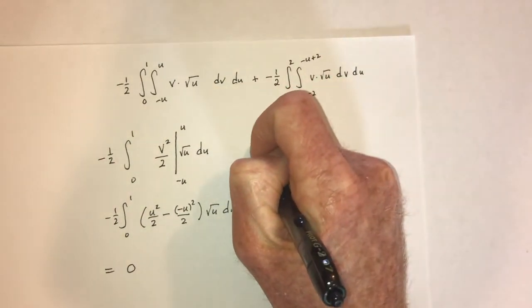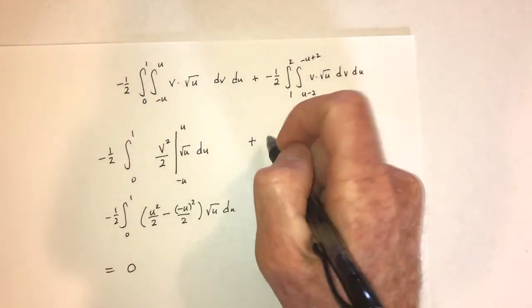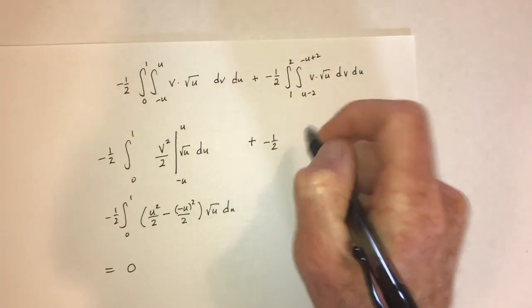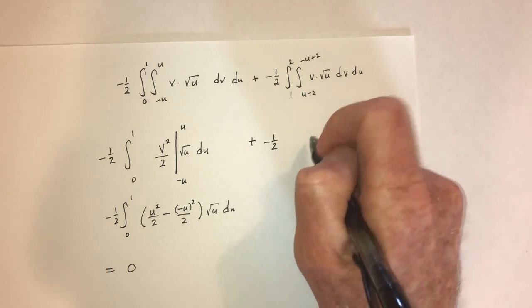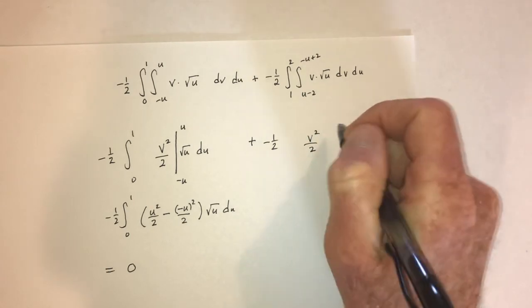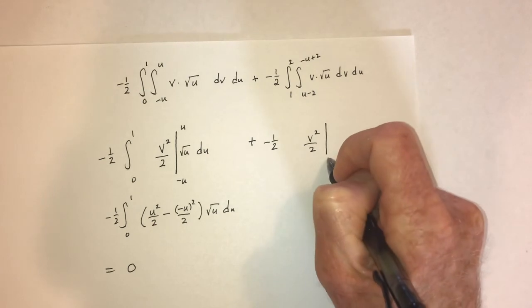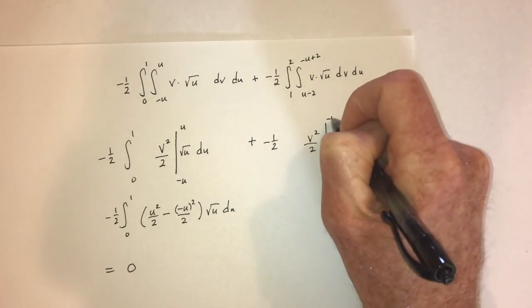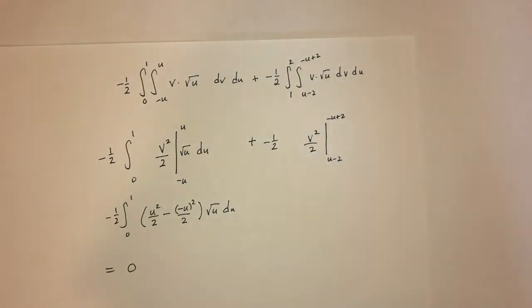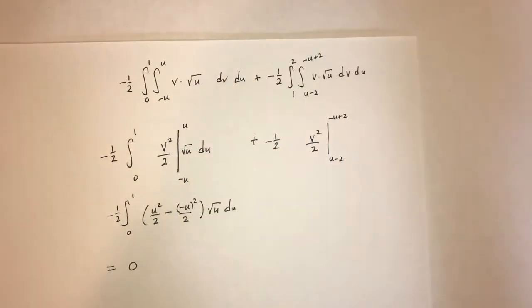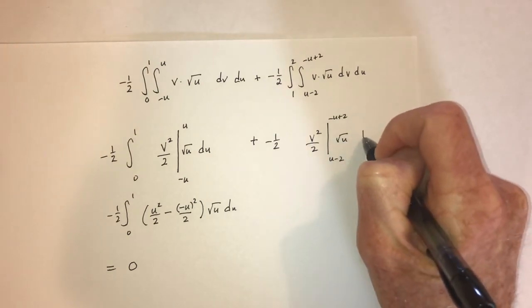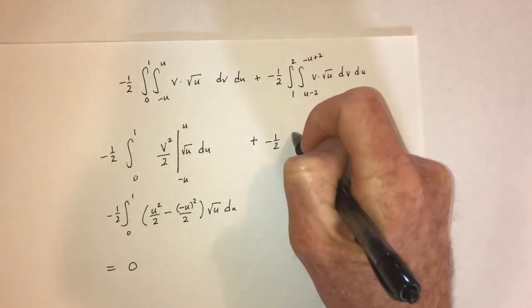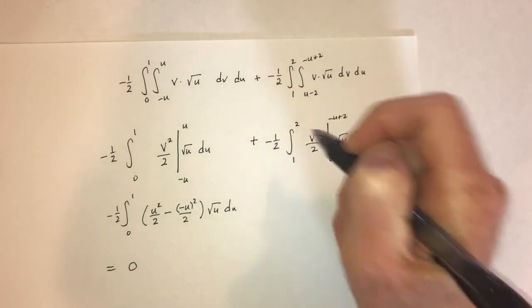Okay, then we can move on to this one. So it's going to be negative 1/2, and then again, this part right here is going to be v squared over 2. And then that gets evaluated from u minus 2 to negative u plus 2. And I still need to write down that square root of u in du, and also the integral from 1 to 2.